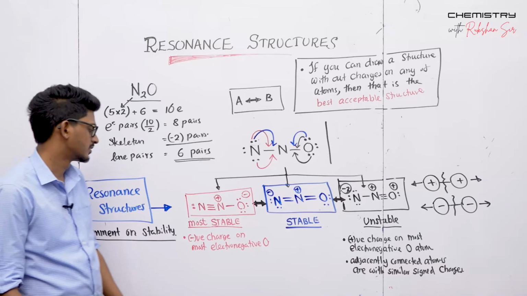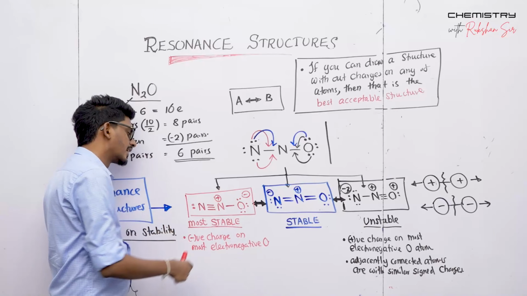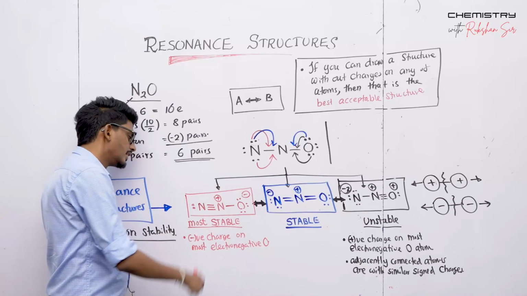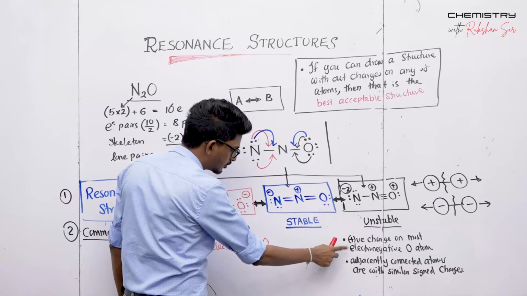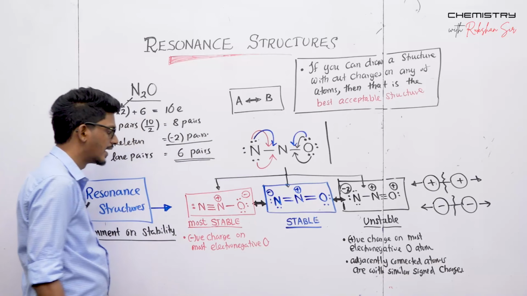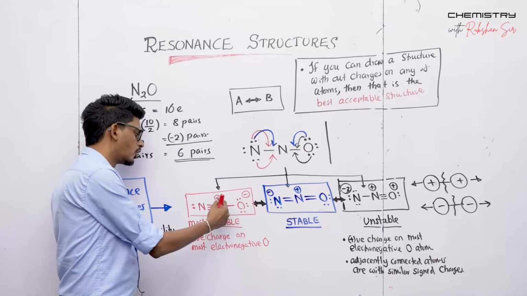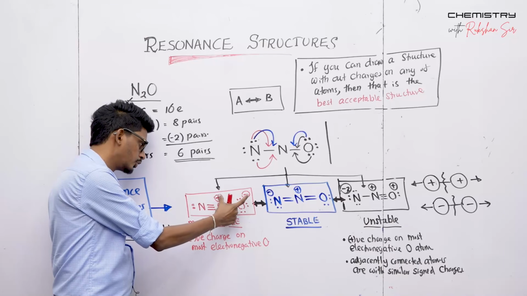The other reason to become more stable is adjacently connected atoms with opposite sign charges. These two reasons are the opposite of the earlier two. Adjacently connected atoms bearing opposite sign charges will attract heavily.